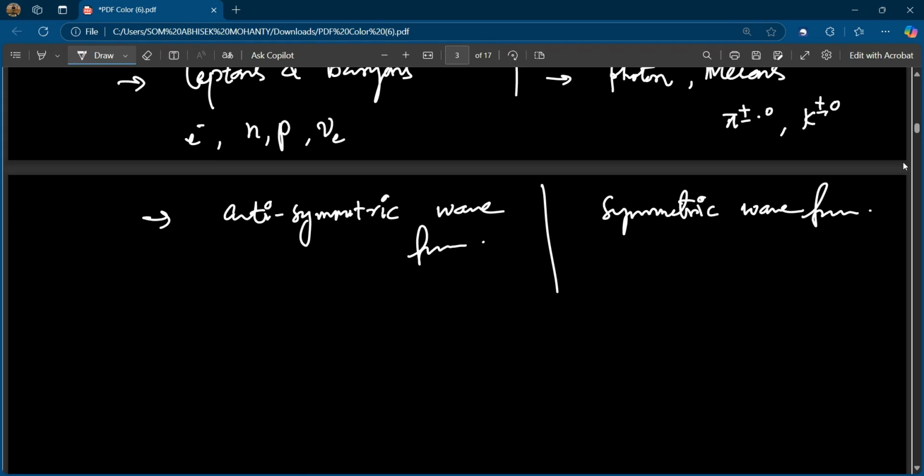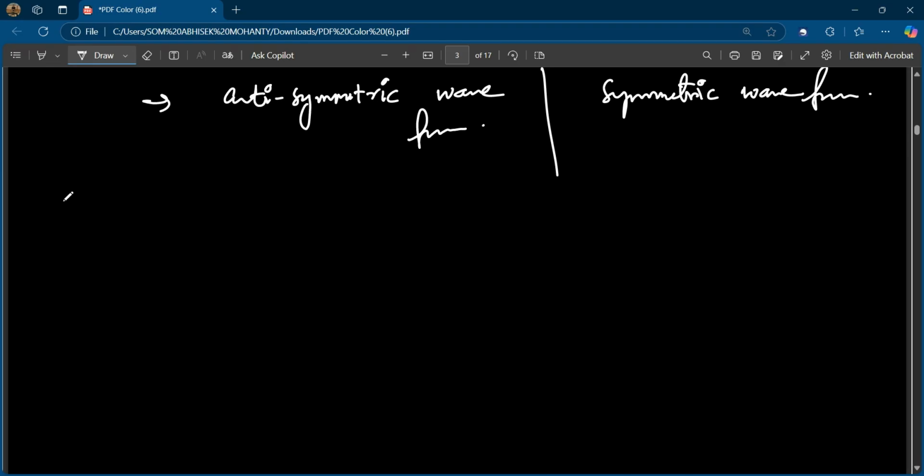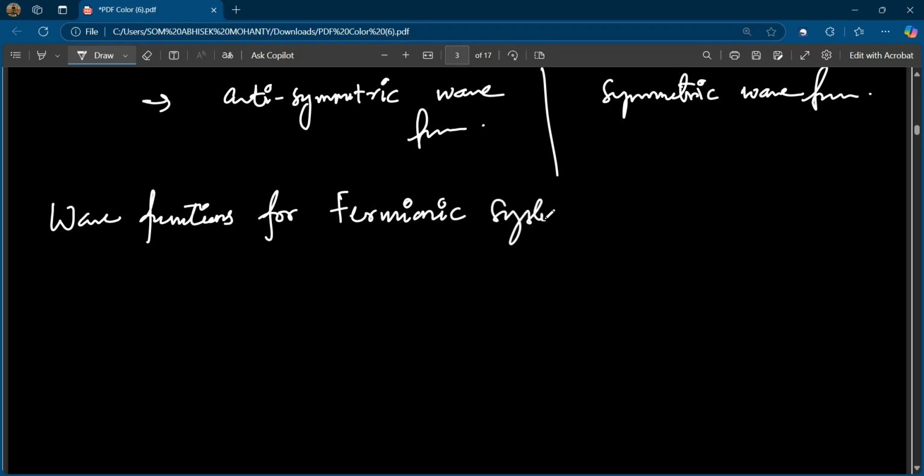Let's see for fermions, a fermionic system of two particles.